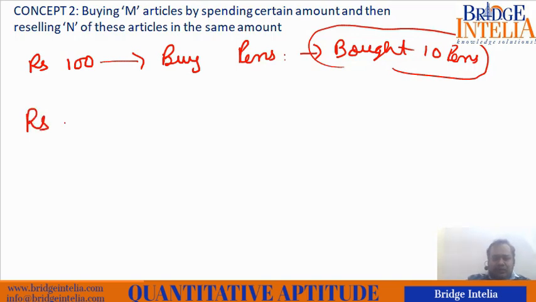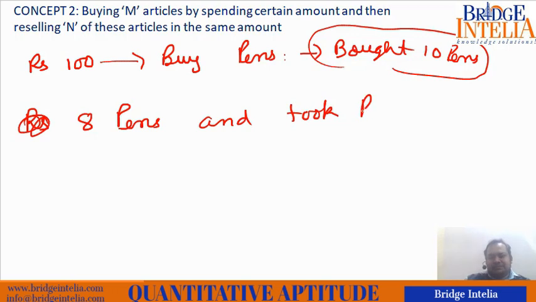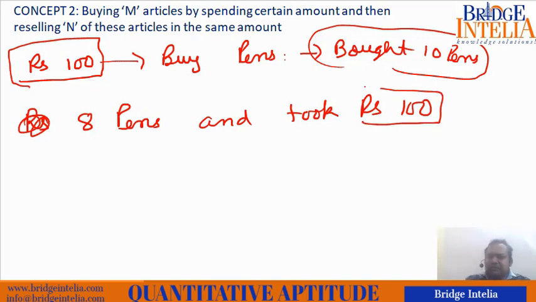I gave my local shopkeeper 8 pens and took 100 rupees from him. So my investment is recovered. I have invested rupees 100 and recovered rupees 100. Did I gain something?